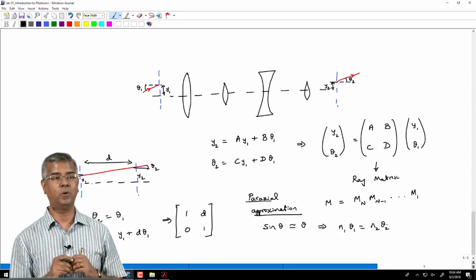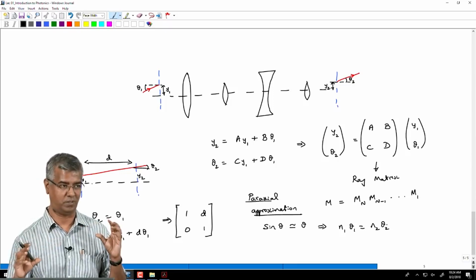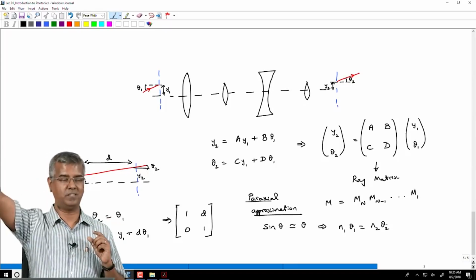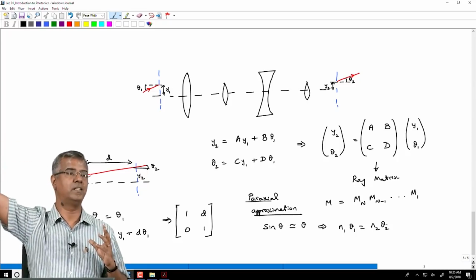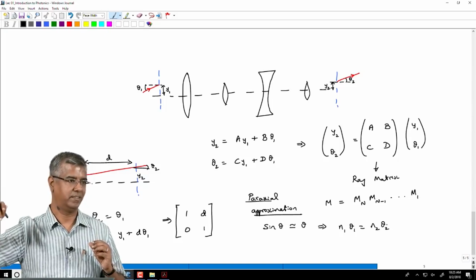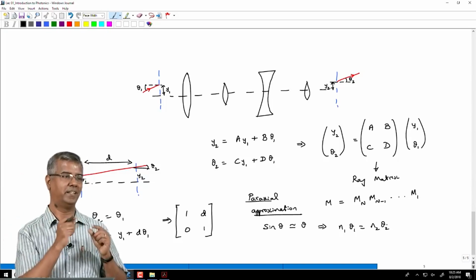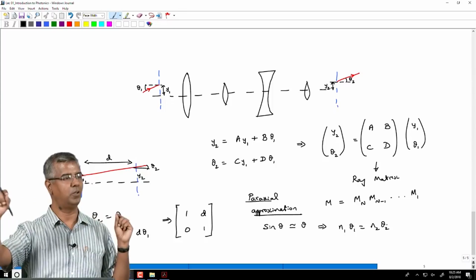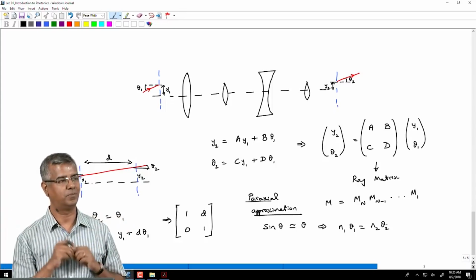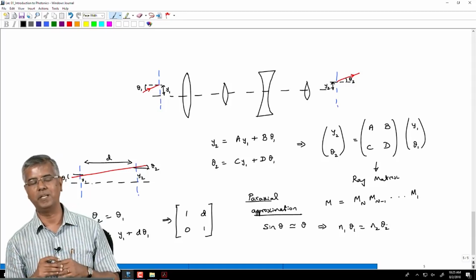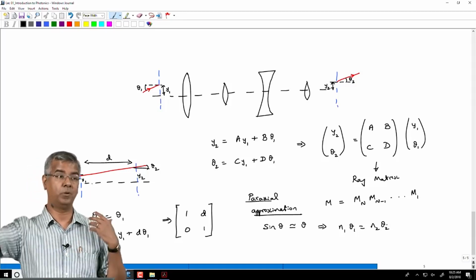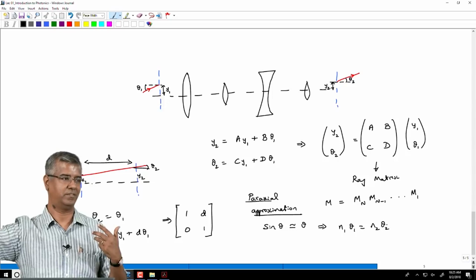But if you are talking about modeling a telescope seeing something that is happening thousands and millions of kilometers away, light coming from there is going to be fairly aligned to the optical axis of your telescope, right. So, the paraxial approximation works very well if you are looking at really distant objects.